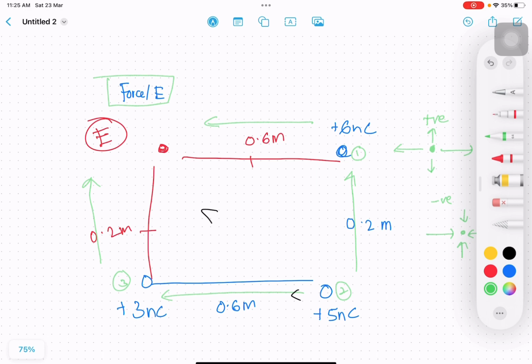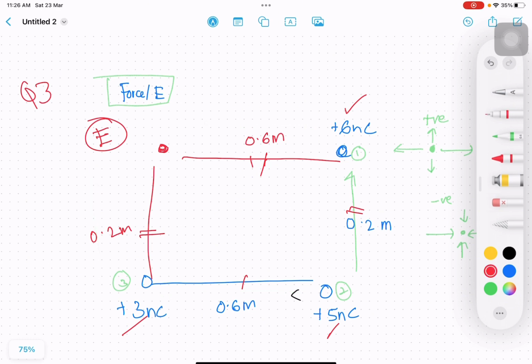Alright, so basically we want a little revision about force and electric field. We have question 3 in our tutorial. We have 3 point charges, 6 nanocoulomb, 5 nanocoulomb, 3 nanocoulomb. We have the distances 0.2, 0.6. Dia suruh cari resultant electric field.